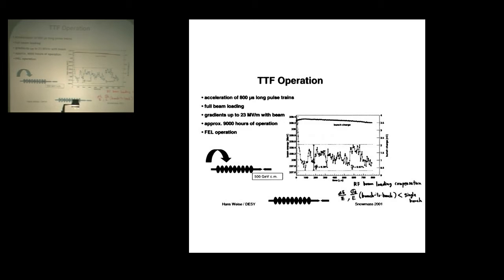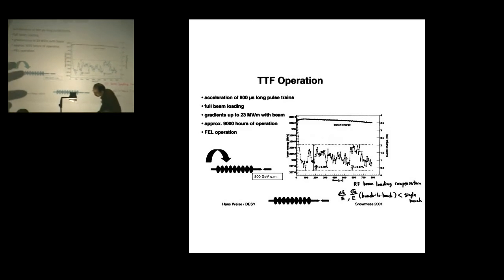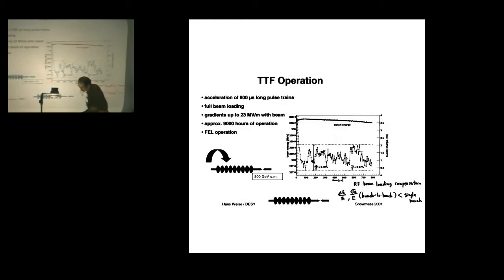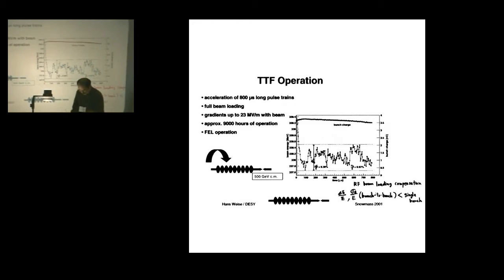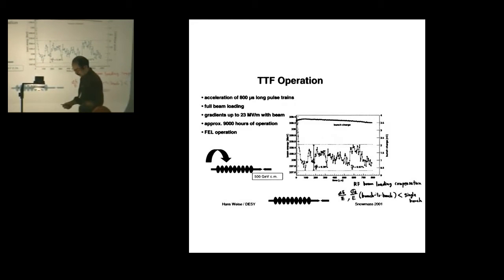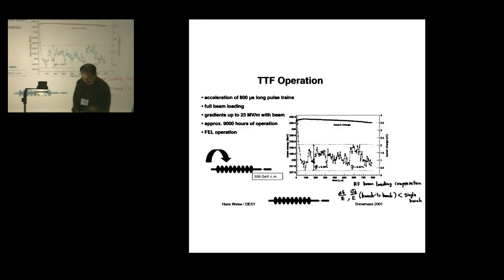And you can see that the bunch-to-bunch energy difference is very small, and I think this is smaller than the energy spread of the single bunch. So basically, you can do the beam loading compensation using the RF control.